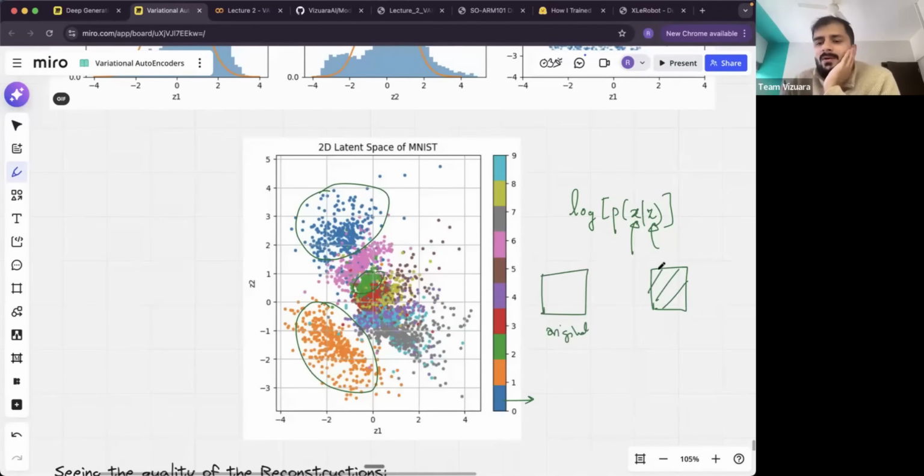So what I will simply do is look at these pixels one by one and see how close or different they are from each other. If my generated pixel is very close, I will be confident that this image is more likely to be sampled from my distribution. So it's another way of calculating this.